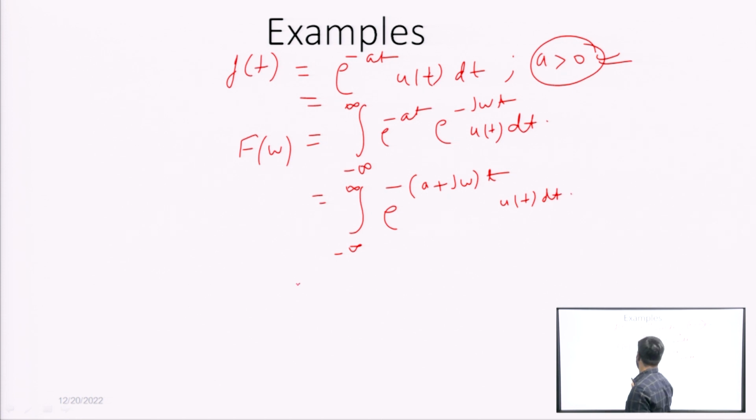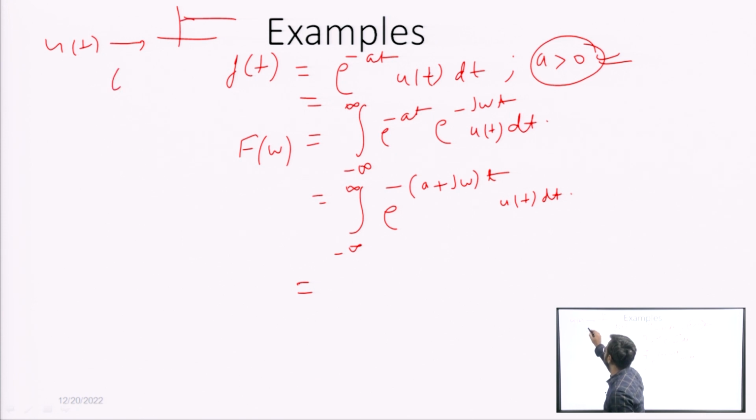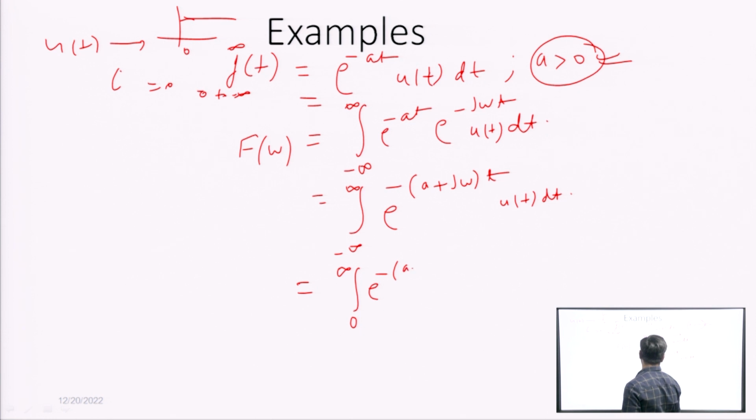As you know, the unit step u(t) is a function which is 1 from 0 to infinity and 0 from 0 to minus infinity. So, this limit will change, and it becomes the integral from 0 to infinity of e to the power minus (a plus j omega) t dt. I changed the limit.